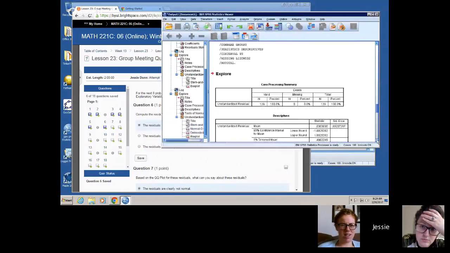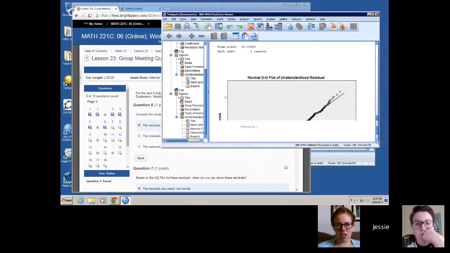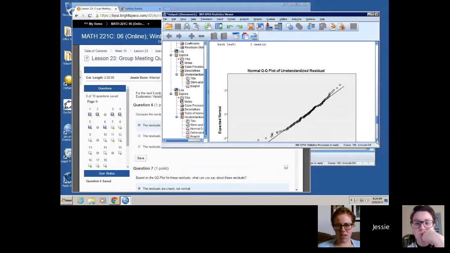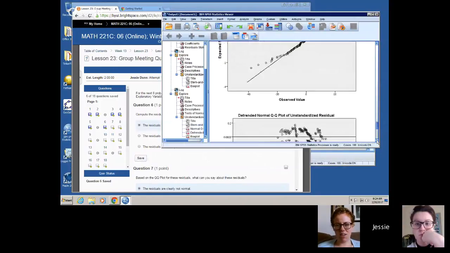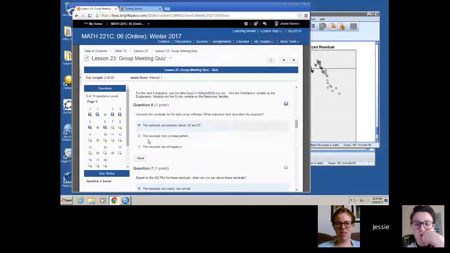Where is QQ? You go to analyze. Okay, it is in a linear. Yeah, what do you think? I don't know. No, that's the unstandardized. So this.